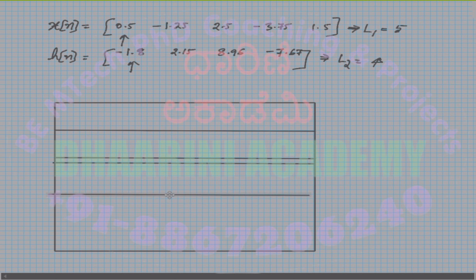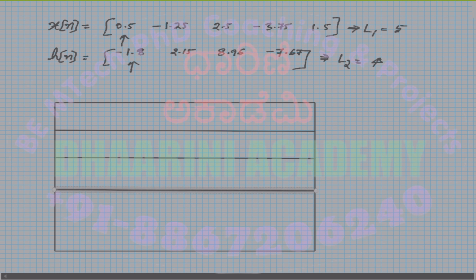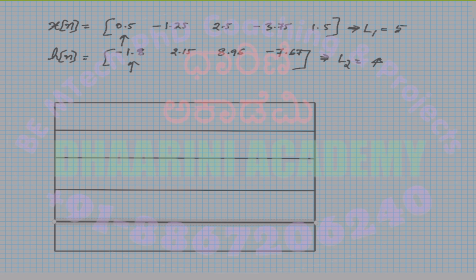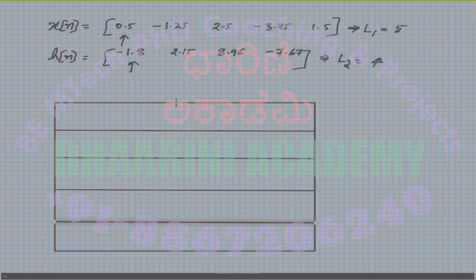This is row number 3, row number 4, and 5. Right. Similarly, let us draw 4 columns now. Column number 1, 2, column number 3, and column 4.